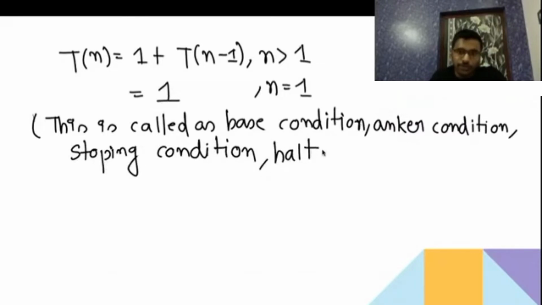Halt, you know, means stop. You should mark the anchor condition, because by seeing the name you will not be able to say what the anchor condition is. Am I clear? Now we will solve this recursive equation.